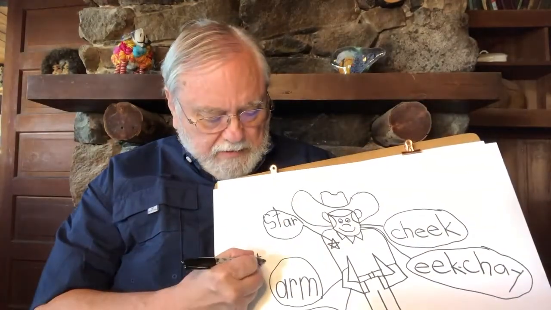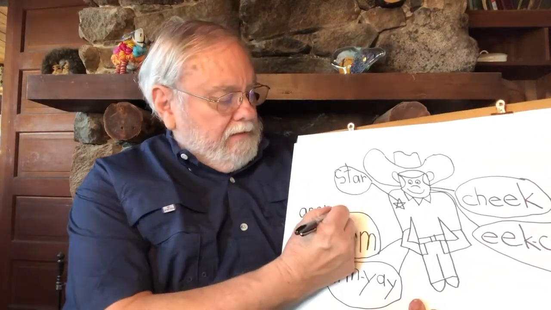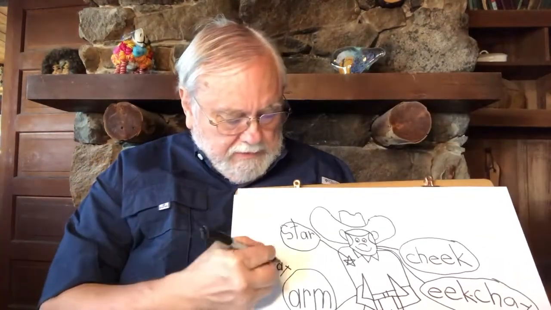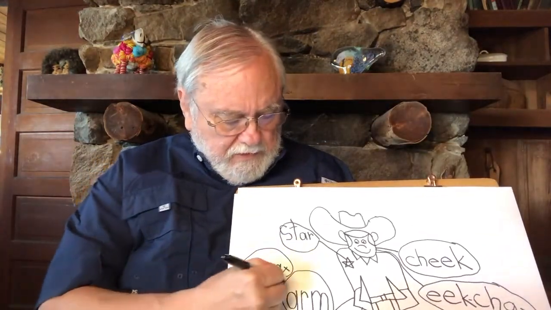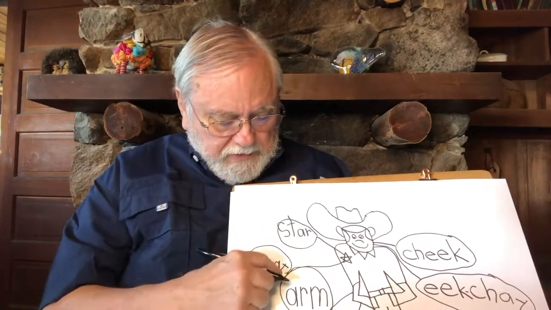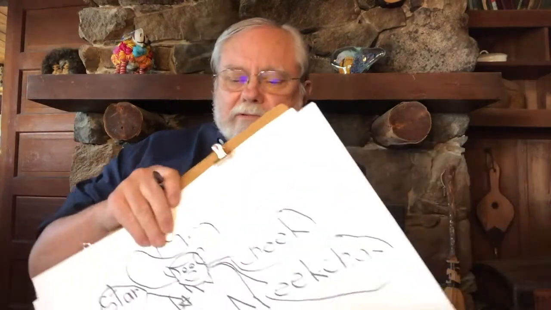We end it with an A and a Y that says A, and now that in Pig Latin is R plus stay forms what? Our stay. So now we've got another word that we can play with in Pig Latin.